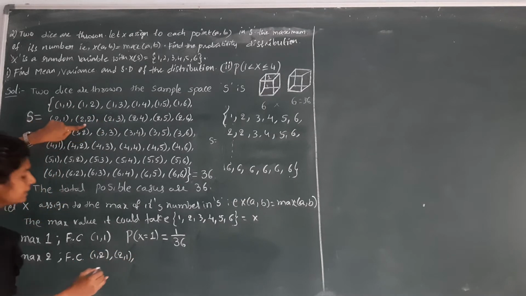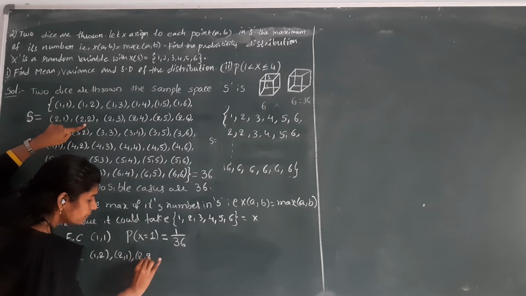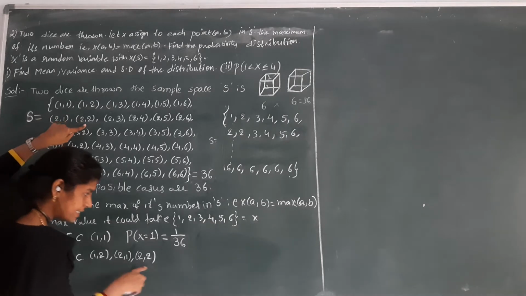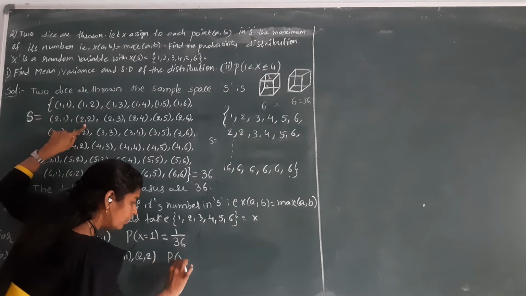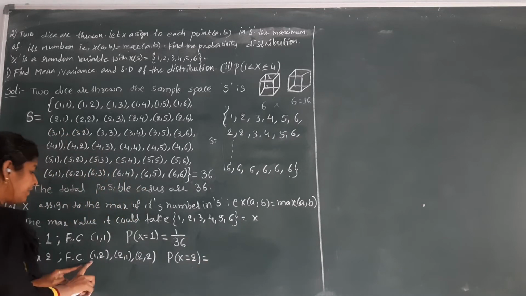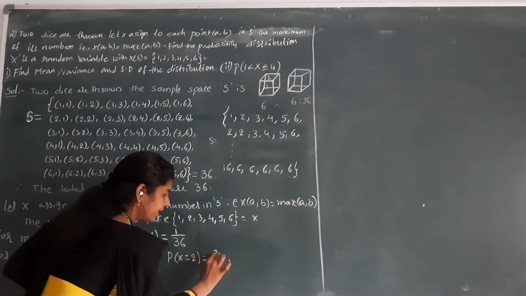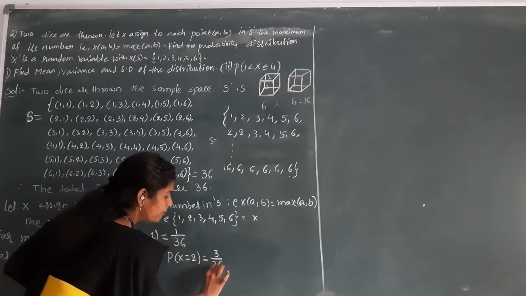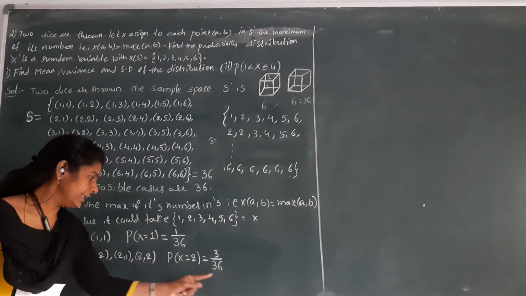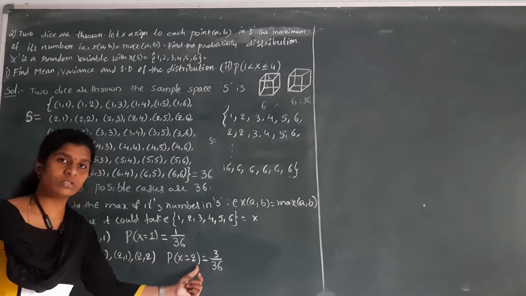One more chance is (2, 2). That gives 3 favorable cases. So the probability of X equals 2 is 3 by 36.